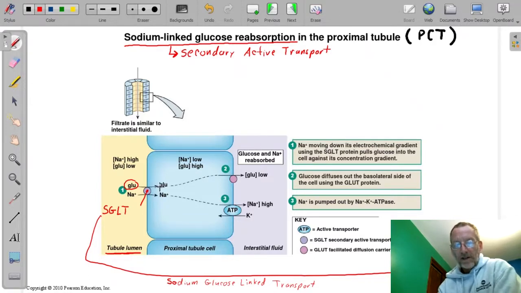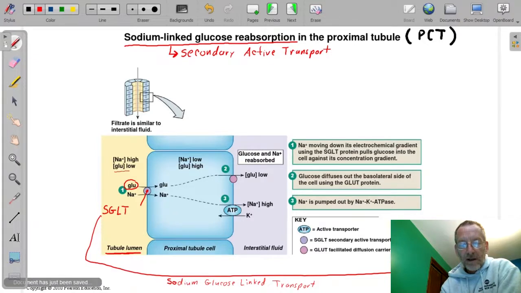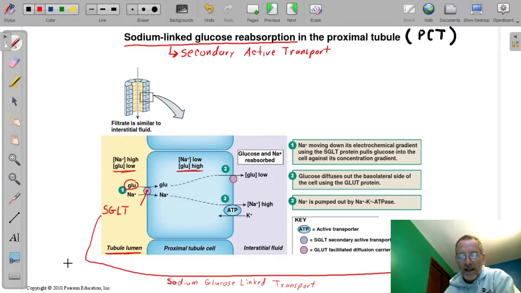It brings glucose in against its concentration gradient, where glucose is low in the lumen and high in the cytosol. To bring it in against the gradient is going to require energy, and the energy comes from the sodium moving down its concentration gradient. We spent some time on these transport processes in A&P1 and in Biology 160.